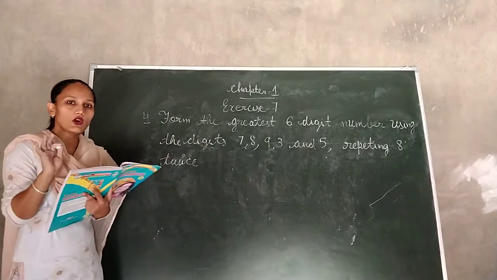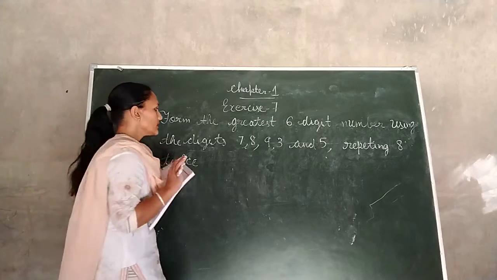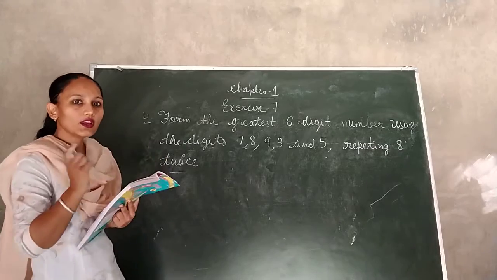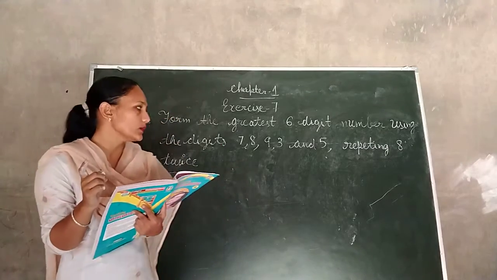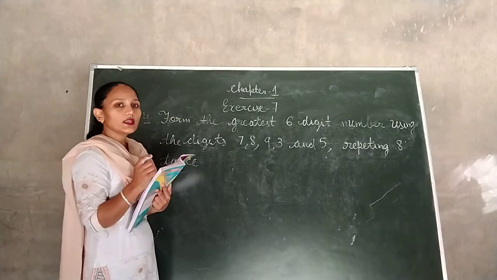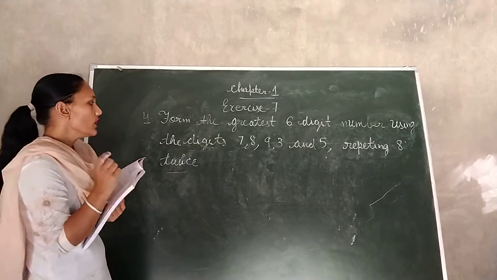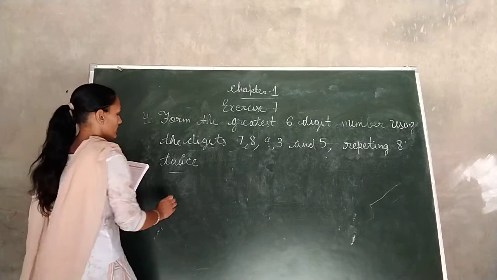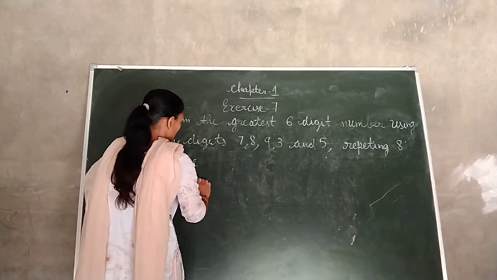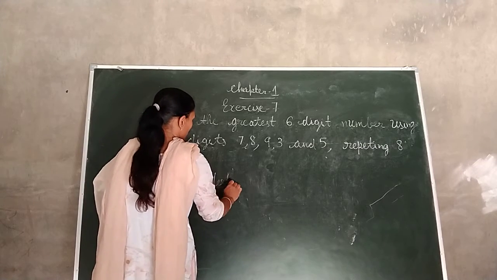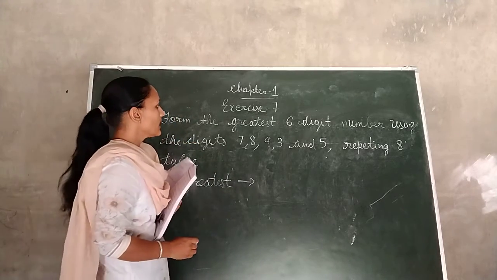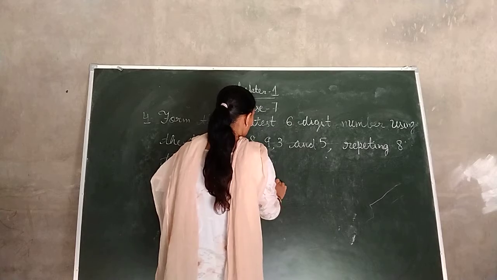But here we have only 5 digits. And what is given in the question? Repeating 8 twice. It means we have to use 8 two times. So when we have to make the greatest number, we have to arrange these digits in descending order. Which is the greatest digit? 9. So we will write 9 here.